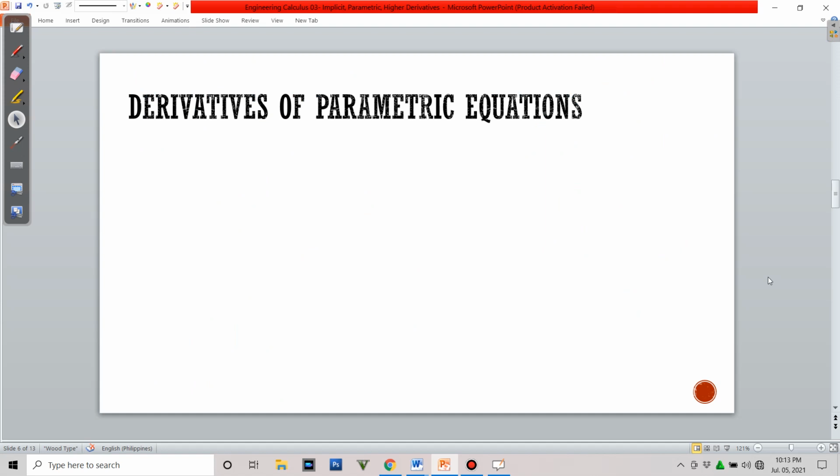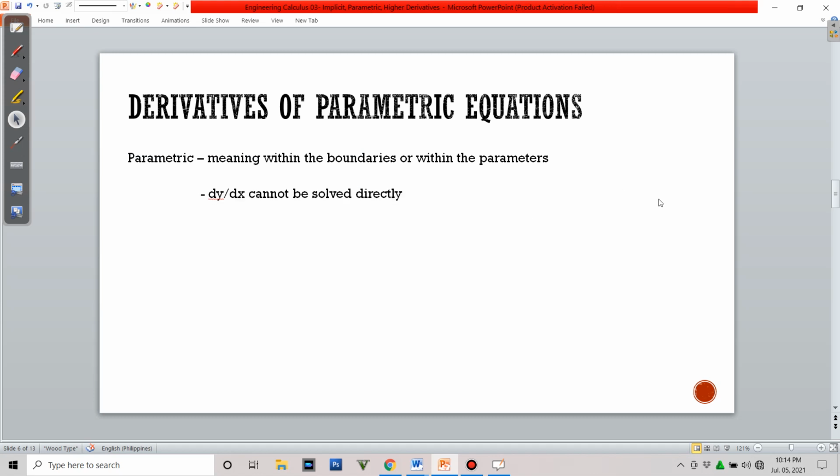We have derivatives of parametric equations, wherein we take off from the definition of parametric, meaning it is within the boundaries or within the parameters. So what does it mean?